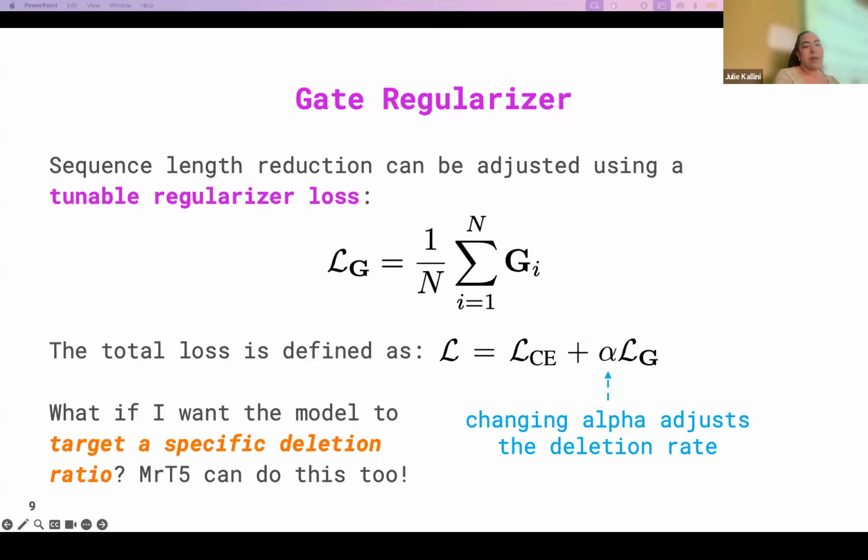Whenever I refer to a PI controller, it is referring to this algorithm that allows us to have a specific percentage of tokens removed.